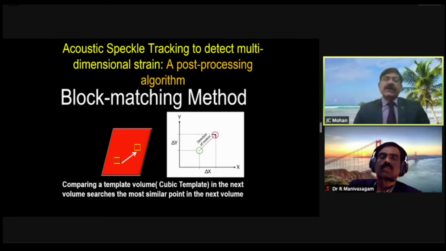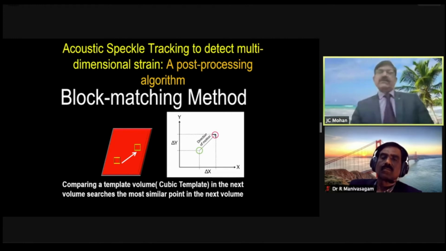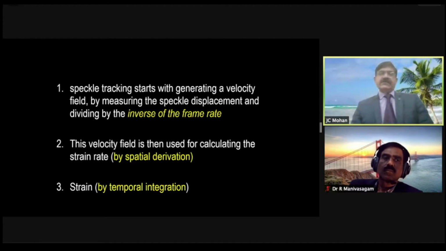You see a speckle at one place, and then you see how it moves from diastole to systole, or from one part of the cardiac cycle to another, and in how many directions. Depending on the time taken and the length covered in different directions, you can measure longitudinal strain, radial strain, and circumferential strain. So it is a terribly simple way of detecting strain in a post-processing algorithm.